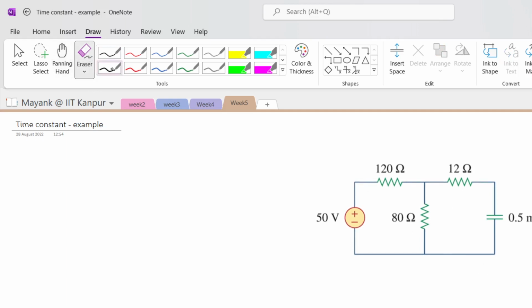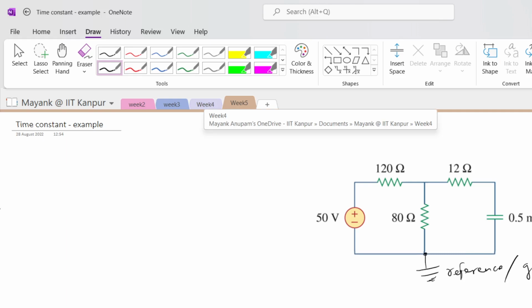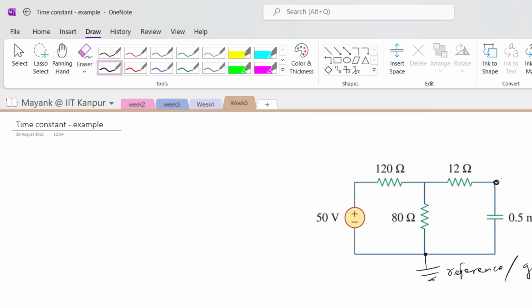Okay, fine. So for simplicity, I will assume that this particular node here is my reference or ground. Fine. Now how do I find the Thevenin resistance in this case? So for finding Thevenin resistance between, let's say this is terminal A and this is terminal B, I will write it here.